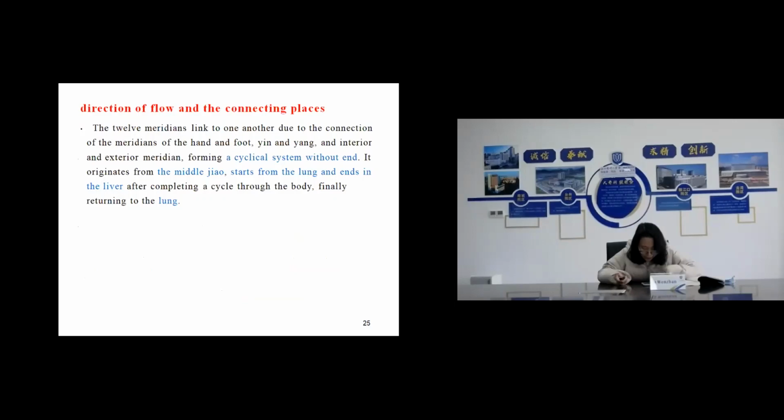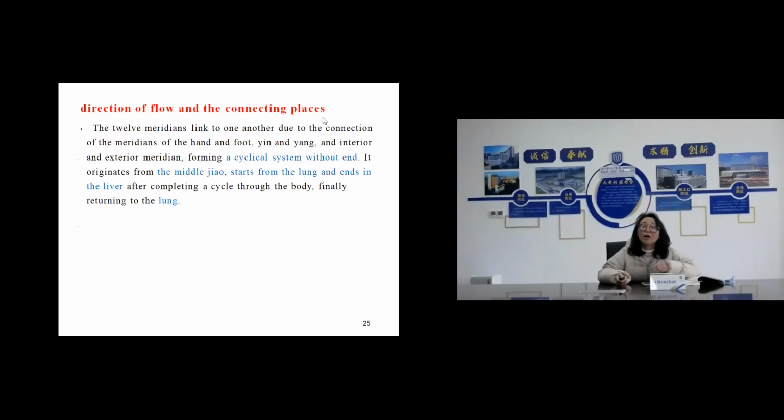The qi and blood originate from the middle jiao, then start from the lung and end on the liver after one circle through the body, and finally return to the lung.